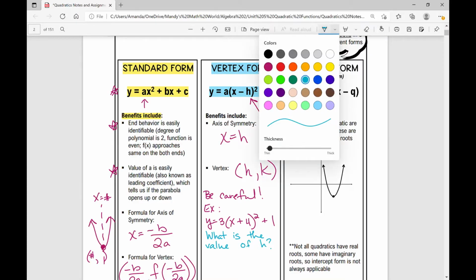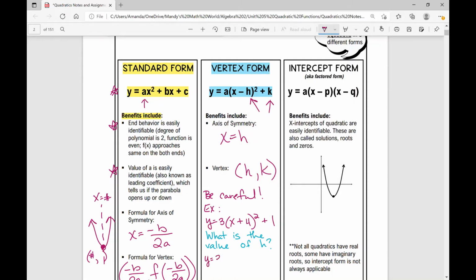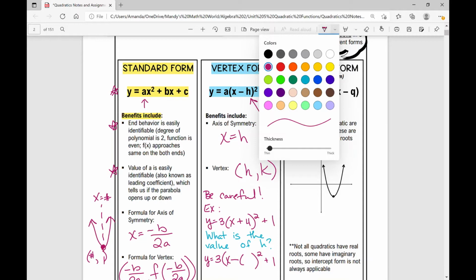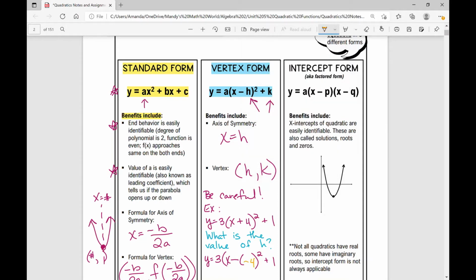Well, let's rewrite this. We've got y equals 3 times x minus h, and h must be negative 4. I'm going to write that in a different color so you can see that negative 4. Why would h be negative 4?